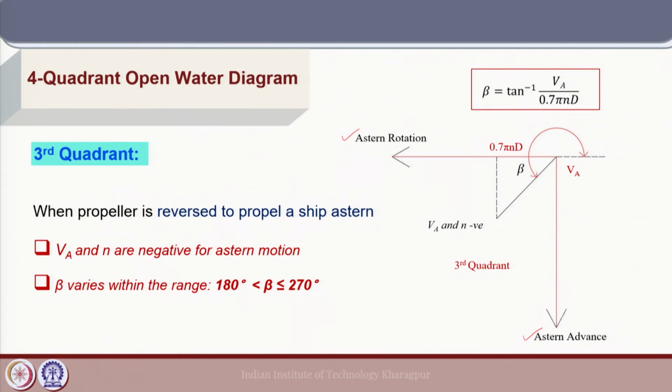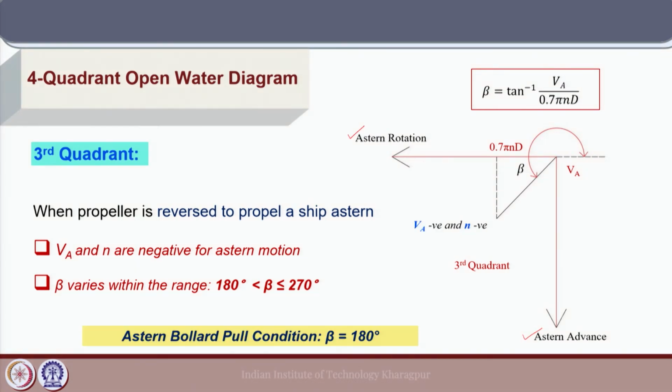And one more thing is important here. If we look at the blade geometry, when the propeller is rotating in the reverse direction, it will produce thrust in the opposite direction, but the characteristics will be different. So, the plot of the KT or the CT in this case, that is any thrust coefficient, will be different from the one that corresponds to the forward case. Now, in this range we have the astern bollard pull condition.